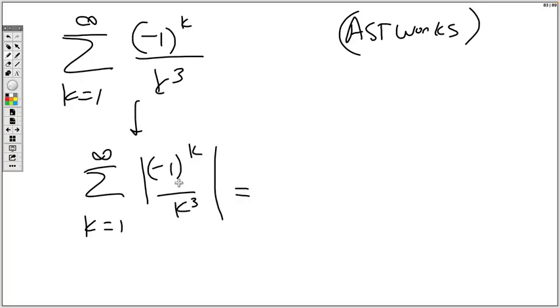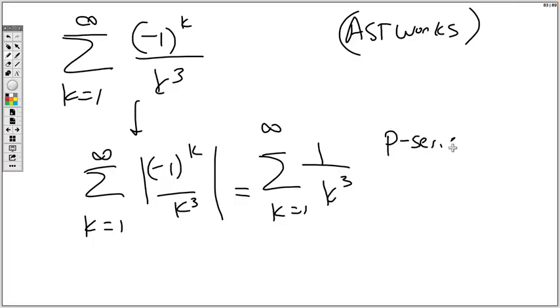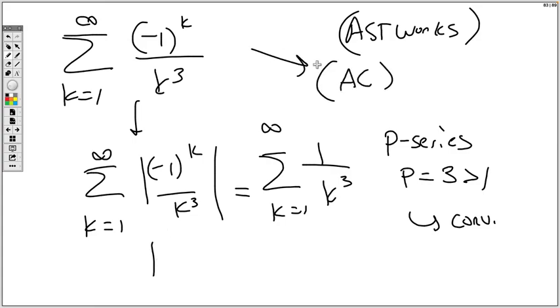Because when you take the absolute value, what's going to happen to that -1? It's gone. And now we can quickly see this is a what? It's a P series. What's the P? And what's important about 3? So it what? Converges. So that means that the original series converges absolutely, and that might be a little faster. You with me or not? Plus you get more information. Okay.